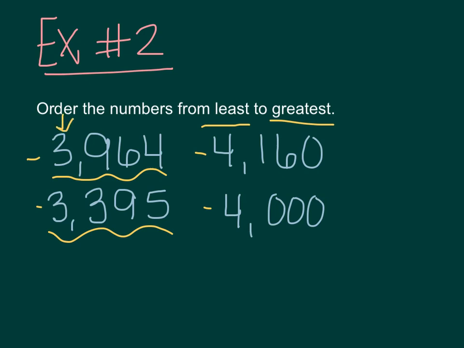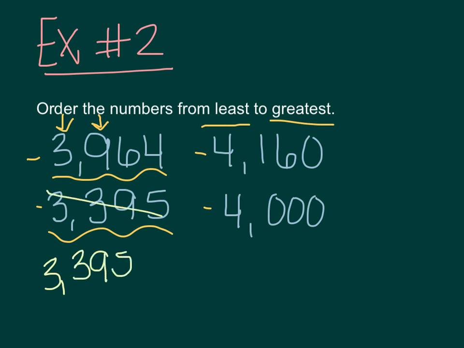So in the thousands place, I have 2 3s, which doesn't tell me anything. So I move on to the next place, which is the hundreds. I have a 9 and a 3. Since I'm going from least to greatest, I want the smaller number. So obviously 3 is smaller than 9. So 3,395 would be first.